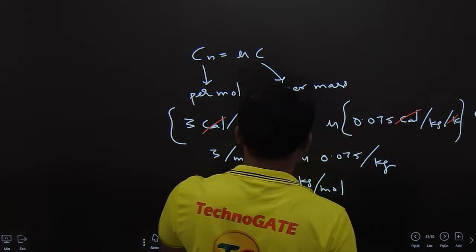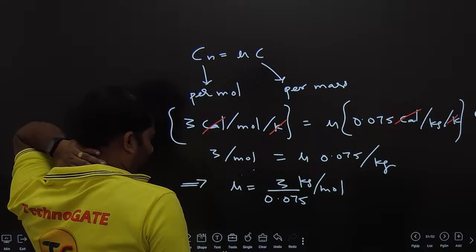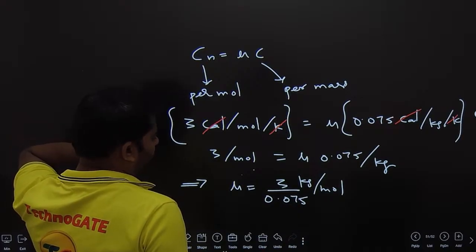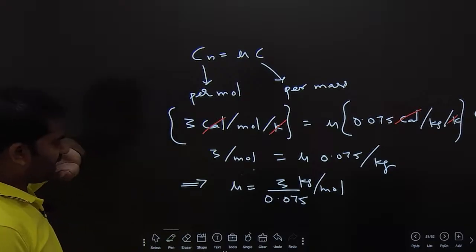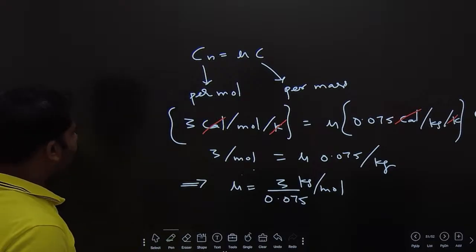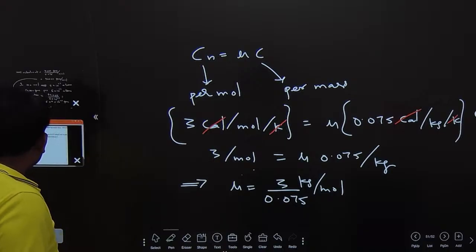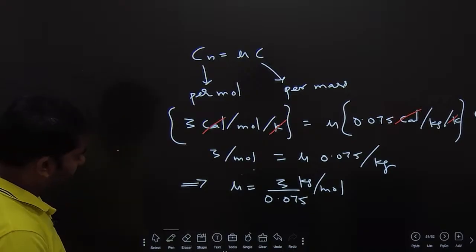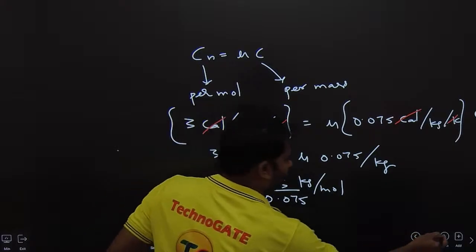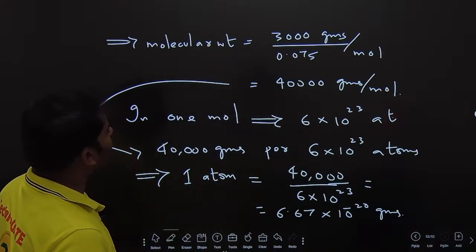So 3 by 0.075 per kg. Actually 0.075 is given in calories per kg, it's given in calories only. So 3 by 0.075.